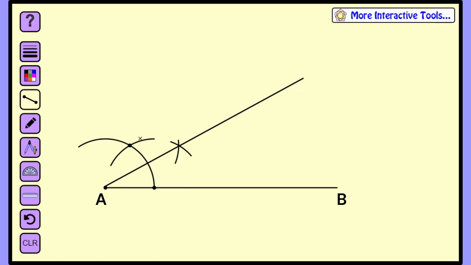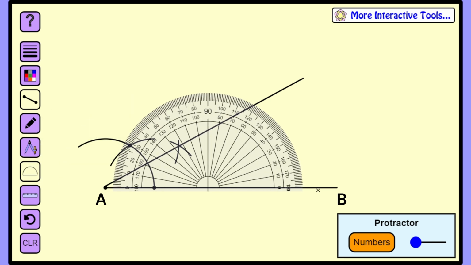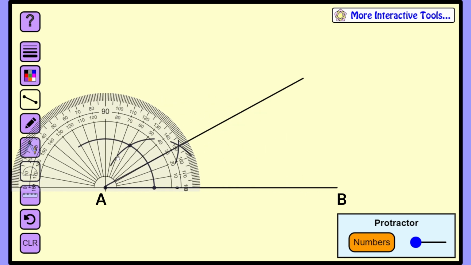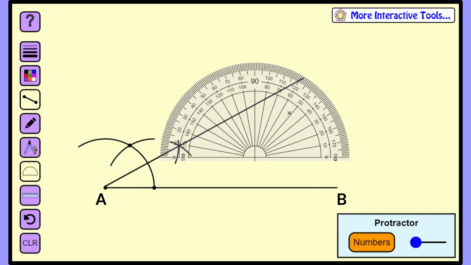And now we've constructed an angle of 30 degrees, and we can check it with our protractor. As you can see, it's on 30. And that is it for number 1. So let's check number 2.